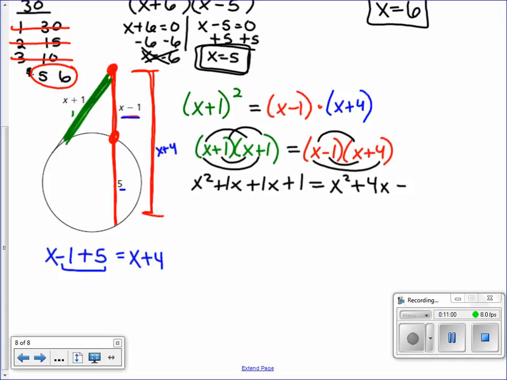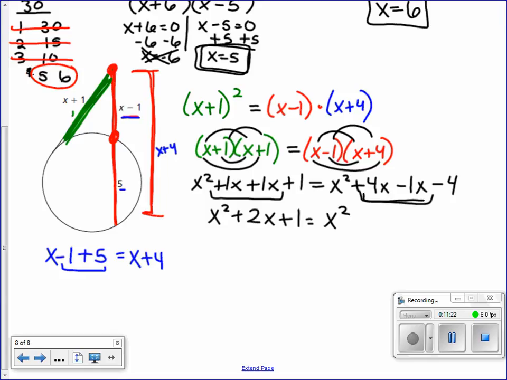Negative 1 times x is negative 1x. Negative 1 times 4 is negative 4. Let's go ahead and combine our like terms here. So we get x squared, 1 plus 1 is 2x. And on the right side, x squared, 4 plus negative 1 is 3x.